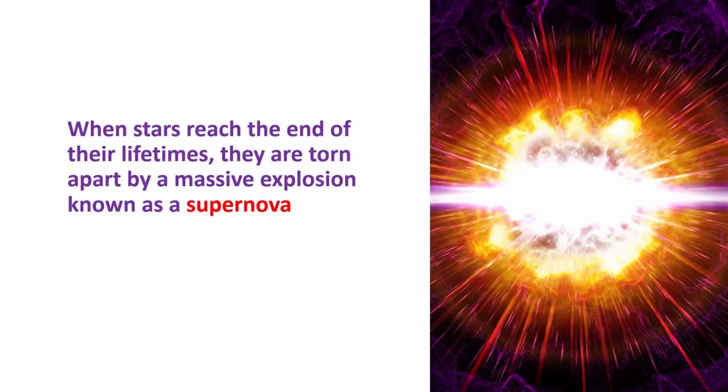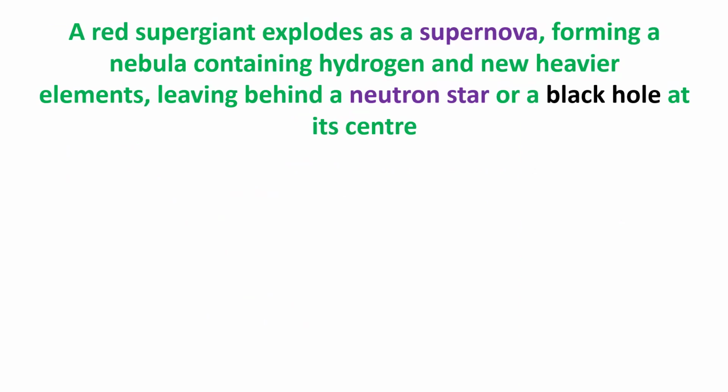Now, what happened to the red supergiant? Many stars, when they reach the end of their lifetime, are torn apart by a massive explosion, which is called a supernova. The red supergiant explodes in a supernova, and after this huge explosion, you will be left with a neutron star or a black hole.